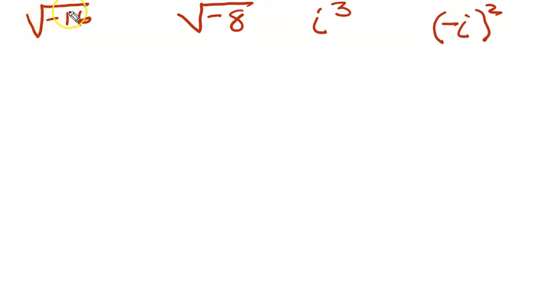Now, when we see the square root of a negative value, we know that's not a real number because, again, no two numbers exactly the same multiplied are going to give you a negative. Two negatives give you a positive. Two positives give you a positive. So what the mathematicians did, they're going to take this and divide it, in a sense, into the square root of -1 and the square root of 16.